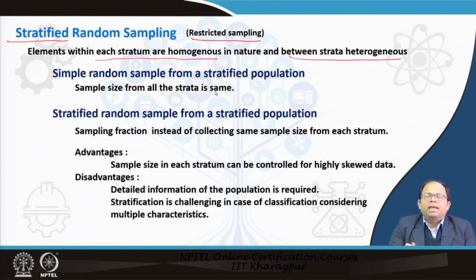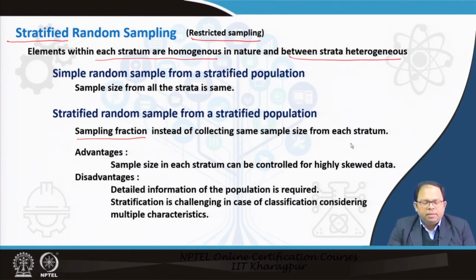But in case there are a lot of people representing one stratum out of these 2 groups, then we may end up with certain sampling errors. So stratified random sample from a stratified population takes care of that by taking the same sampling fraction as per the population in each stratum, instead of collecting the same sample size from each stratum. So that is how we again subdivide it.